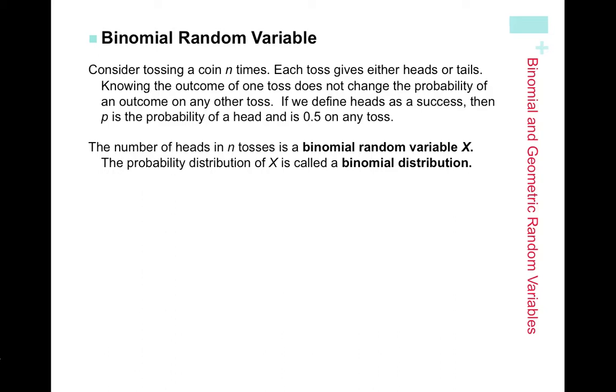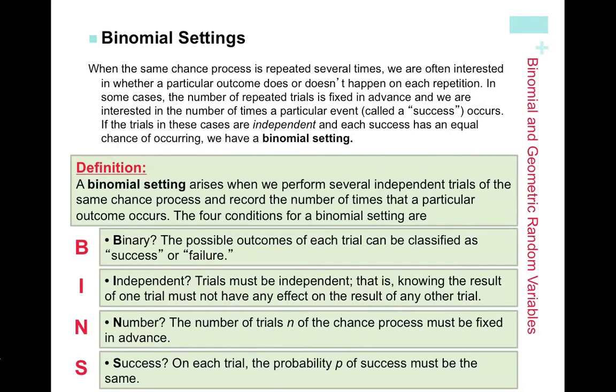And if we define getting heads as being our success, the probability of success is 0.5. The number of heads is a binomial random variable if we specify how many times we're going to flip the coin. The probability is always 1/2. Flipping a coin from one flip to another is independent. We have satisfied our BINS.